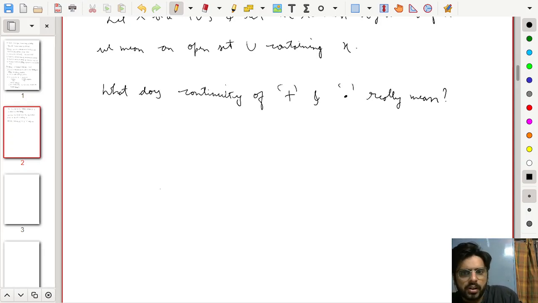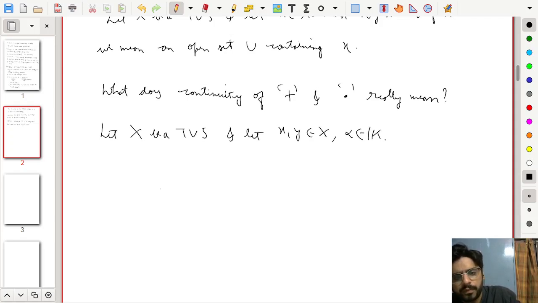Please go back and recall it. So let X be a TVS and let x, y belong to X and let alpha belong to K. Let V be a neighborhood of x plus y. So V is an open set containing x plus y.